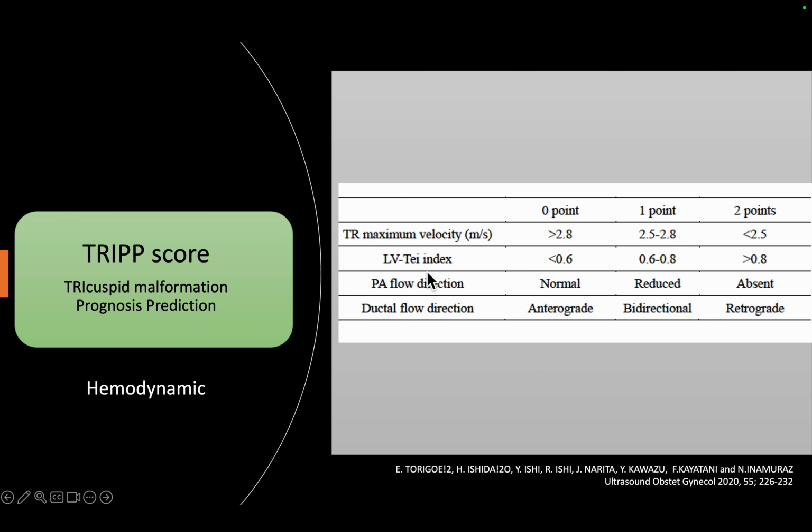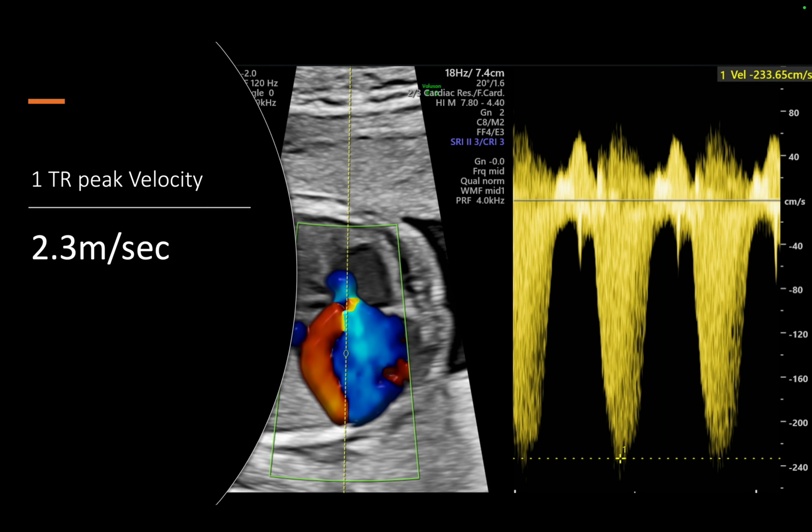Not only that, the right ventricle affects the left ventricle and that affects the Tei index, so the performance of the left ventricle is also considered important in this scoring system. Pulmonary flow and ductal flow tell us the pressure difference between the aorta and pulmonary artery, and again tell you the health of the right ventricle and the tricuspid regurgitation. More blood goes by tricuspid regurgitation to the atrium, less is available forward towards the pulmonary artery. So that's the whole theory about it.